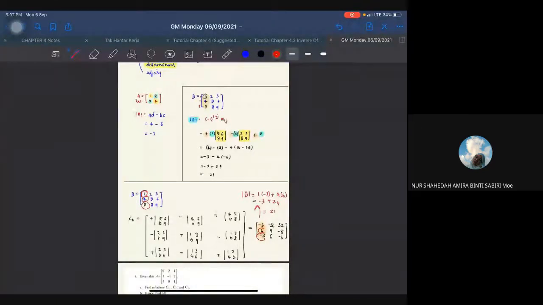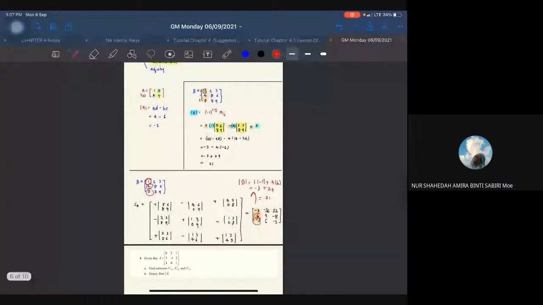Tapi kadang-kadang soalan akan minta kita guna cara yang kedua juga. Biasanya dia akan suruh kita cari dulu cofactor of element tu, ataupun minor of the element, and then baru dia suruh kita cari determinant of kita punya matrix tu. Okay, so awak kena faham dua-dua cara ni. Kalau soalan tu tak minta mana-mana cara, you just stick to use the first method sebab it's easier.